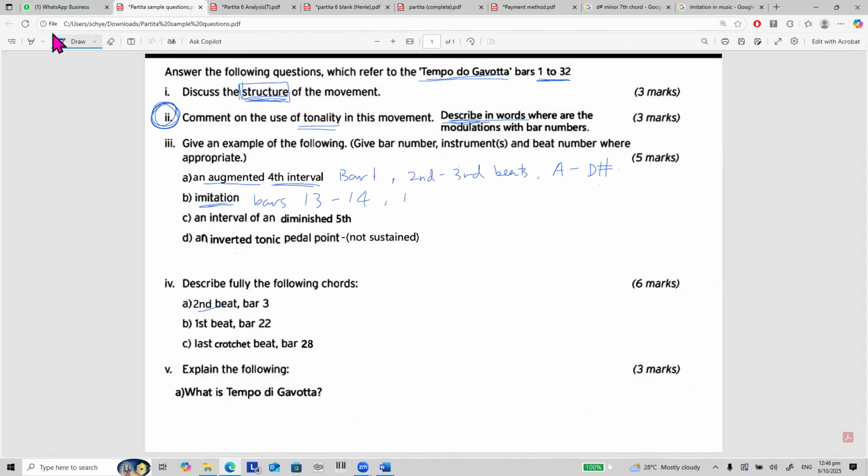You start with the left hand, E, F sharp, B, E, followed by bar 14, and then bars 13 to 14 in the right hand, E, F sharp, A, E, F sharp, A, D.